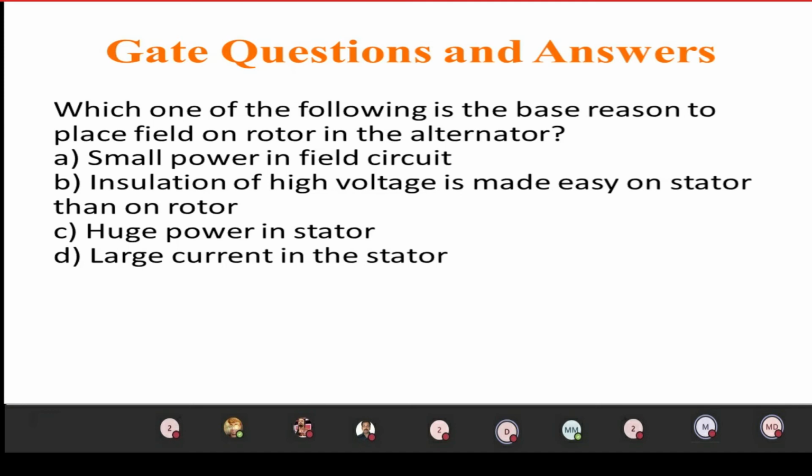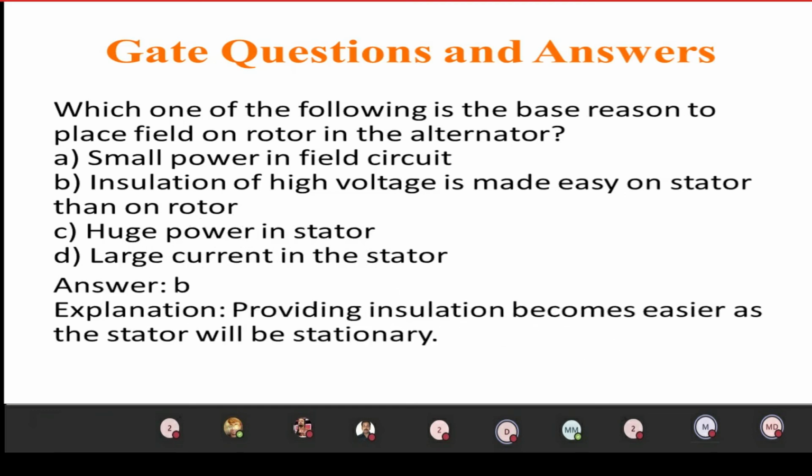So the insulation of high voltage is made easy on stator than on rotor. It is a very important point when compared to the other points. So let me check the answer. Providing insulation becomes easier as the stator is stationary.